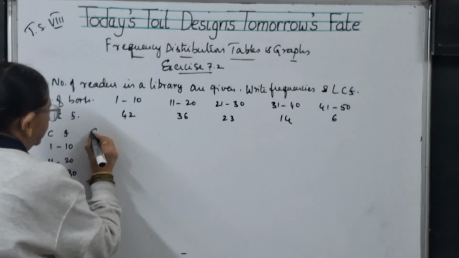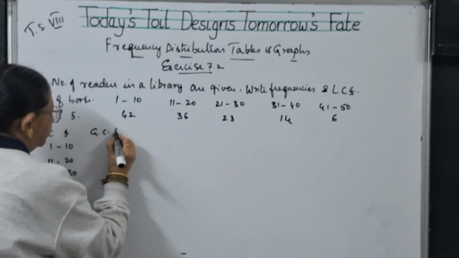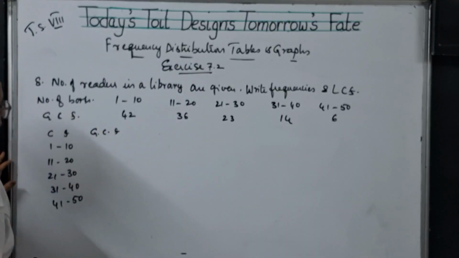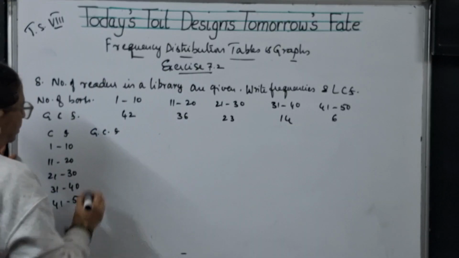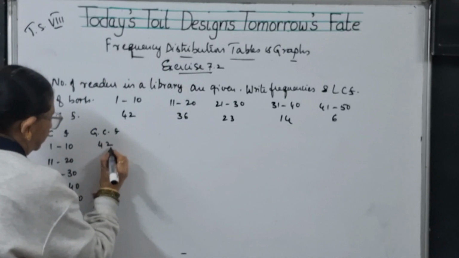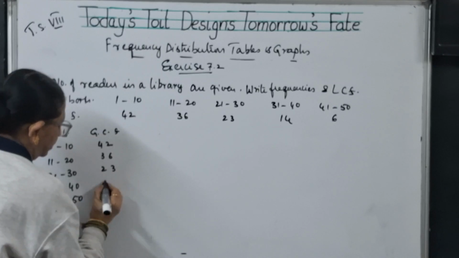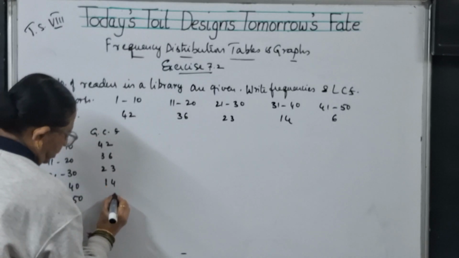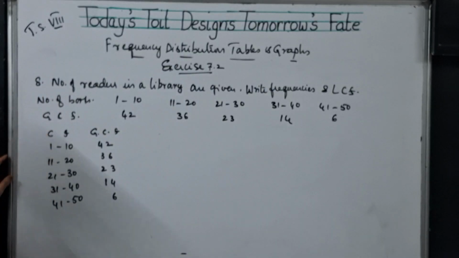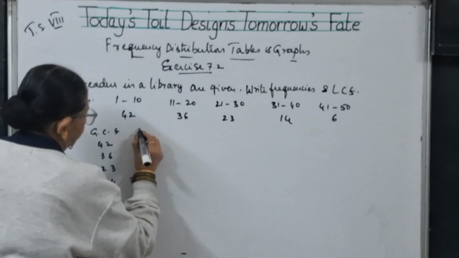Then they have given greater than cumulative frequency: 42, 36, 23, 14 and 6. Now you need to find out what is the frequency.